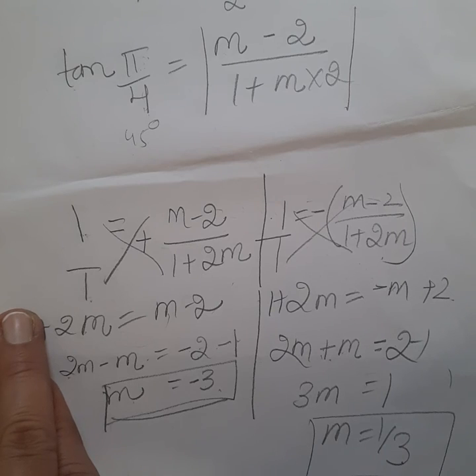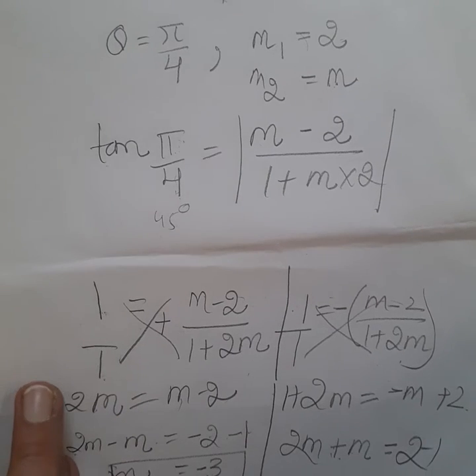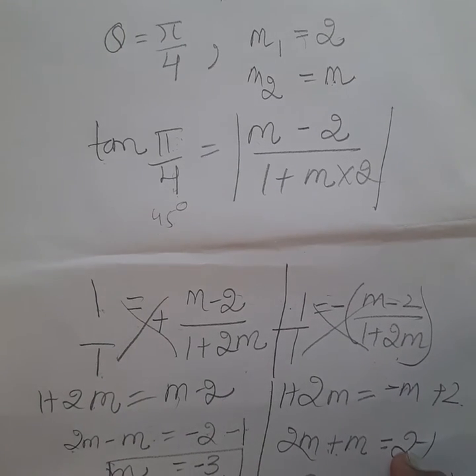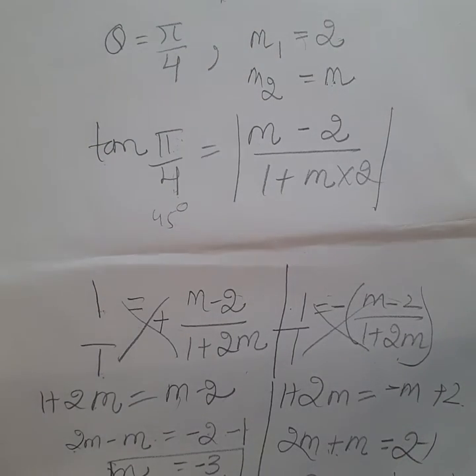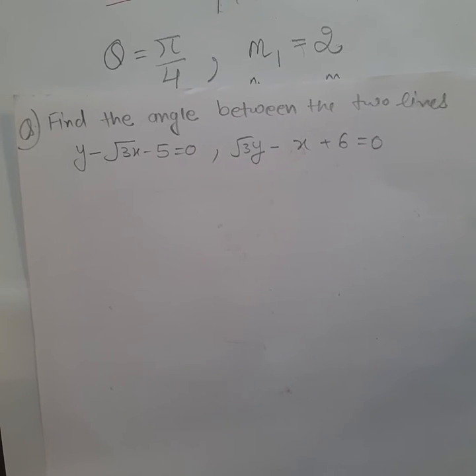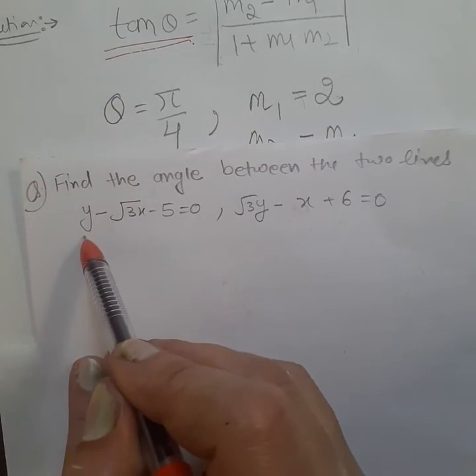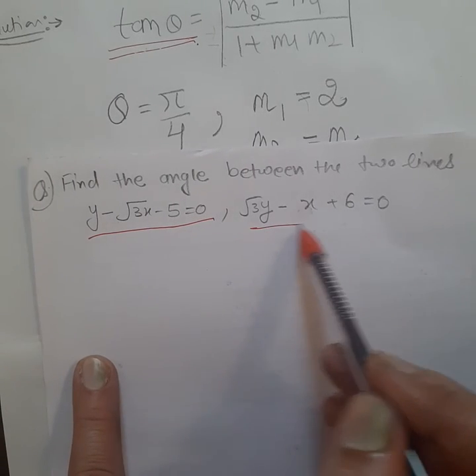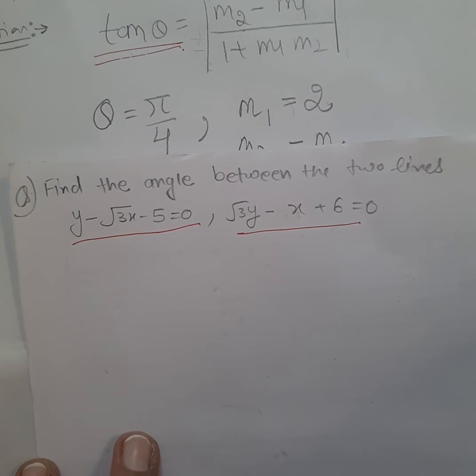Now our next question is: if we have two lines, how can we find the angle? Note that in this question we have two straight lines, so how can we find the solution?